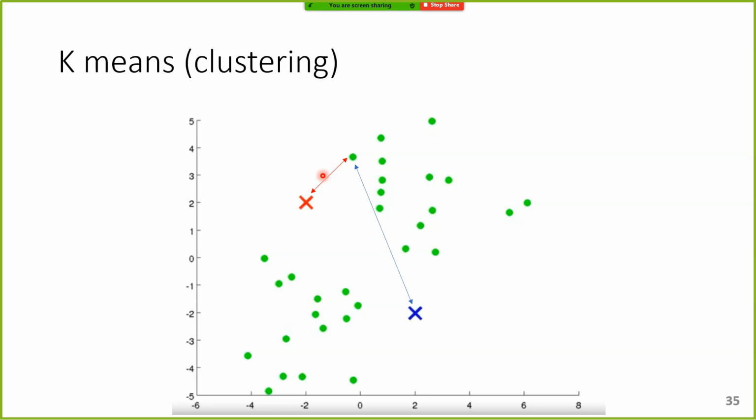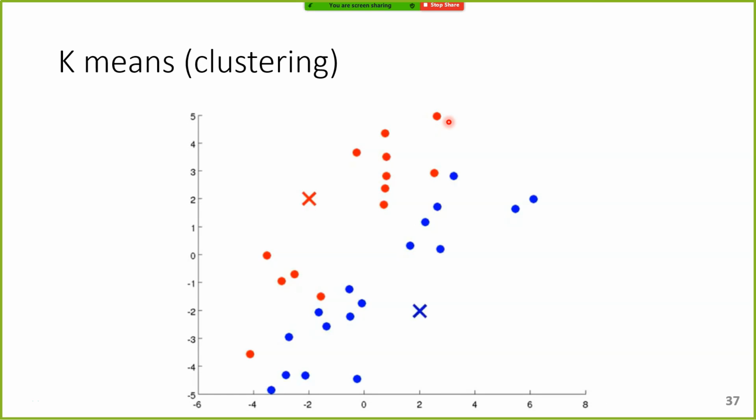Whichever distance is less, we assign this data point to that category. In this case we have assigned this data point as a red data point, and we repeat this process for all the data points, and we find that these points are classified in this fashion.